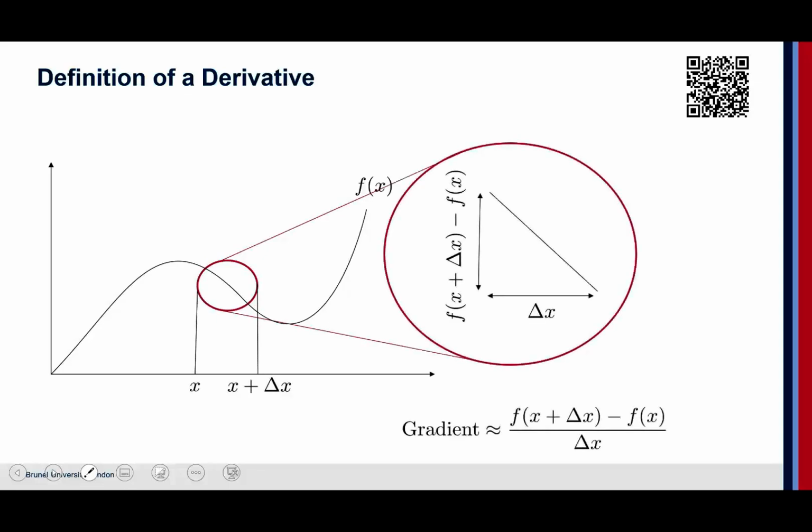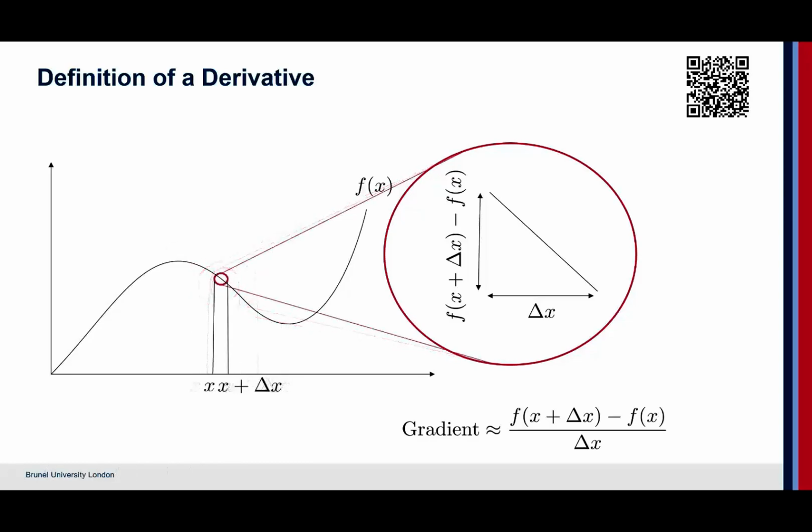So I showed you this last week, this idea that you have some arbitrary function, whatever that may be, and you can get the gradient of it at any point by taking the difference between 2 points on that function, the point here minus the point here, separated by a distance delta x. And then the idea is that approximation is basically a straight line approximation to this complicated function just within this circle here, and then we gradually make that circle smaller and smaller and smaller.